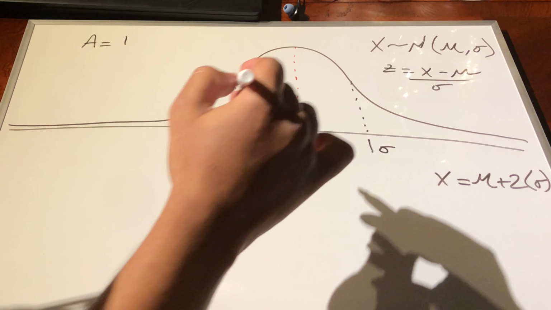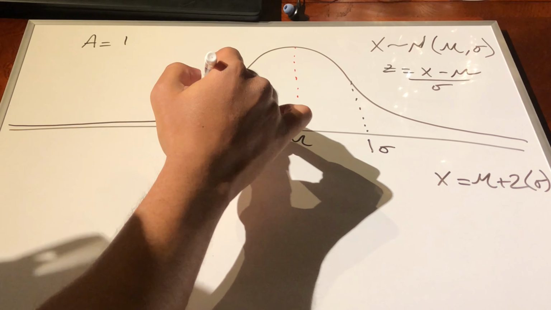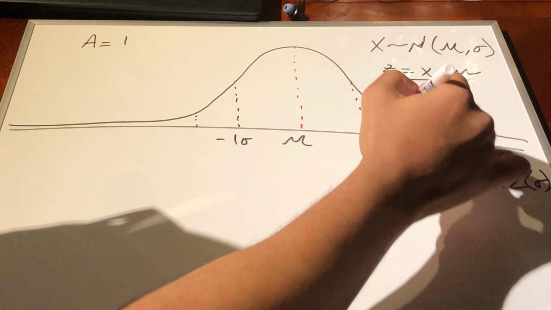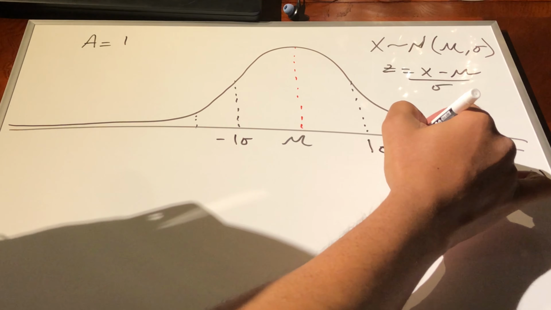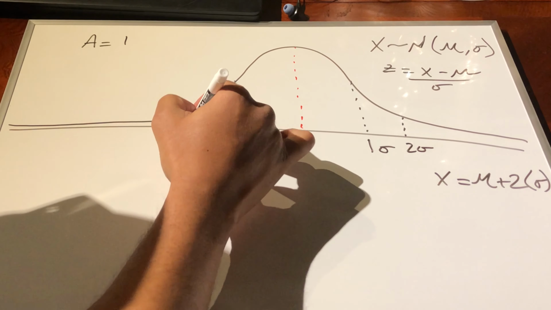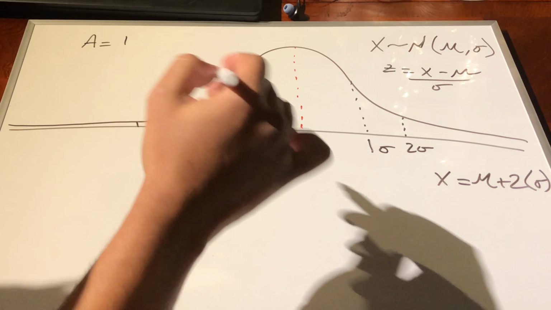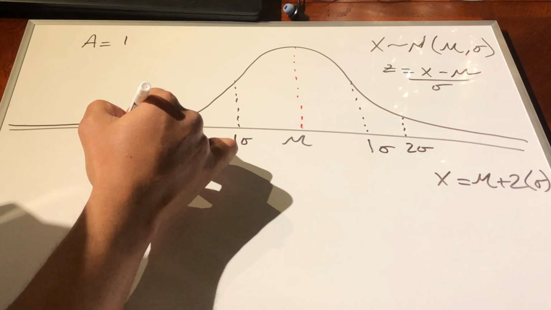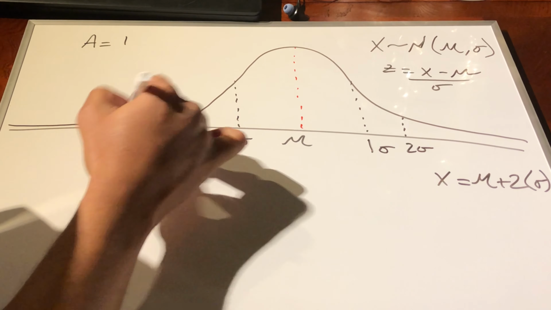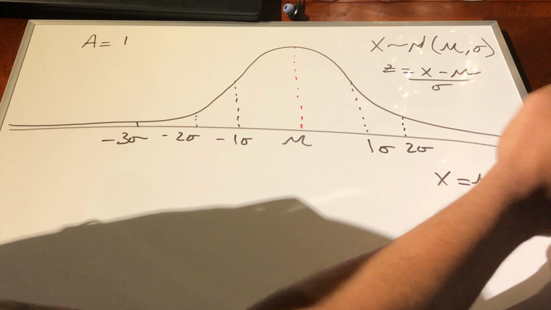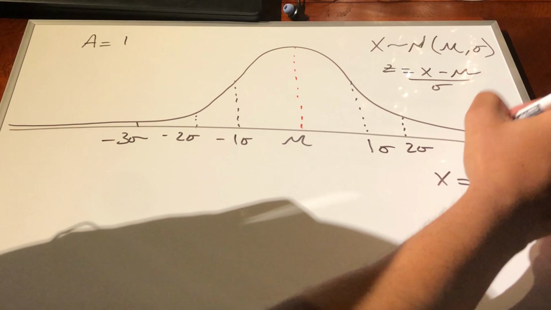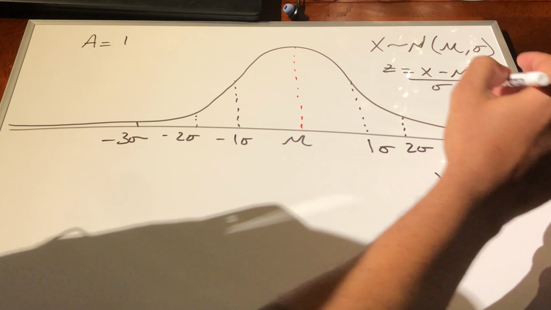Then 2 you would get right here, which is 2 standard deviations. And then 3 is really close to the line, right here. These are negative values here. It's not close here, but you can get the gist. So that's going to be 3 standard deviations there.